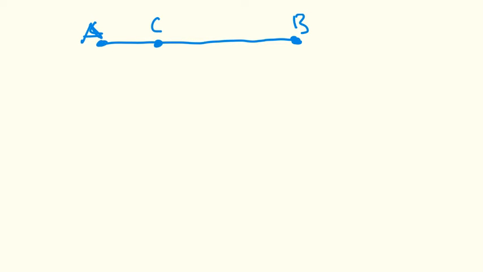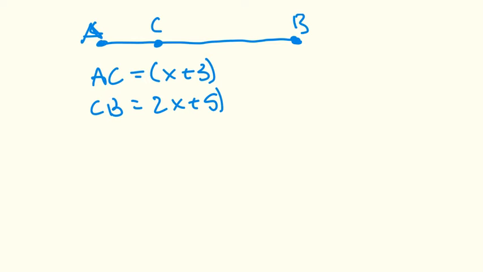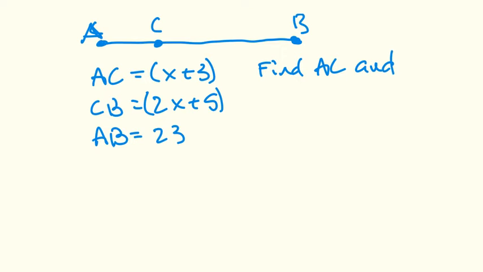And this time we're told that AC equals x plus 3, and that CB equals 2x plus 5, and that AB equals 23. And we're supposed to find AC and CB.